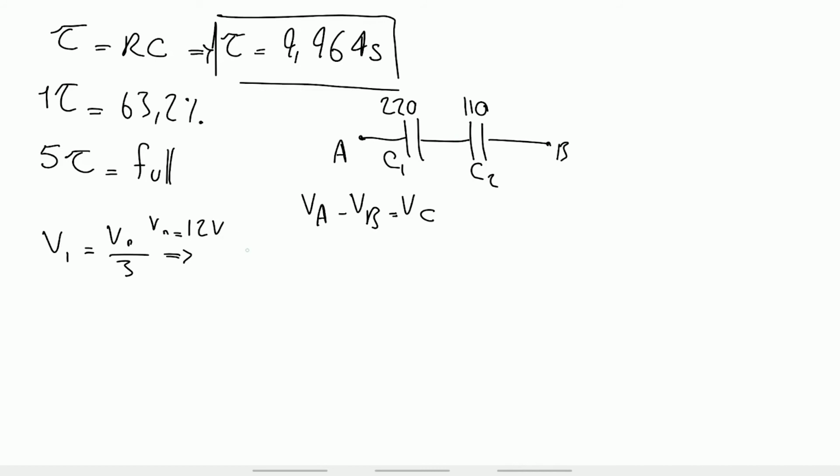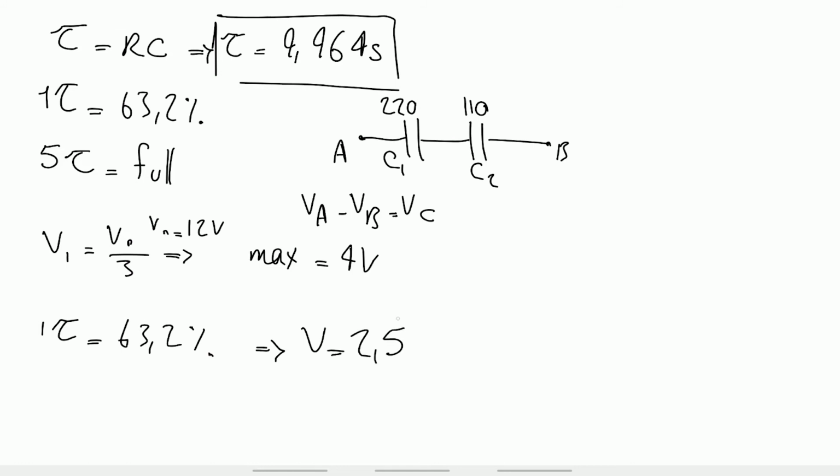Therefore, the maximum voltage of C1 equals 4 volts. So after one time constant, 63.2% of the capacitor is charged, which means the voltage is 2.528 volts. And after 5 time constants, it's 4 volts.